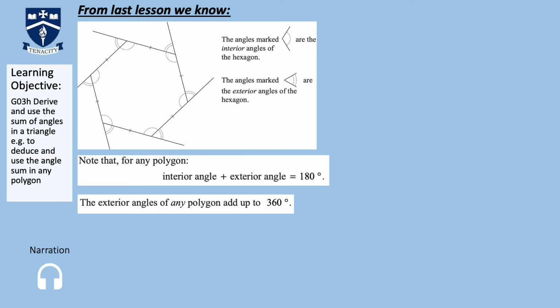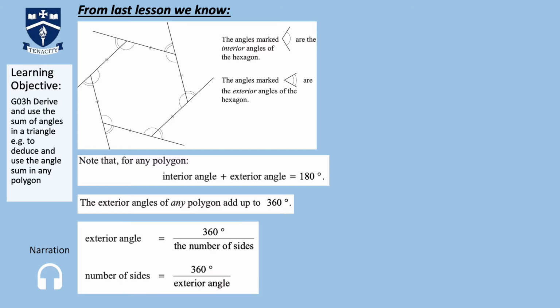The exterior angles of any polygon add up to 360, regular or irregular. Remember, exterior angles essentially are making a full turn around the polygon, therefore it adds up to 360 degrees.